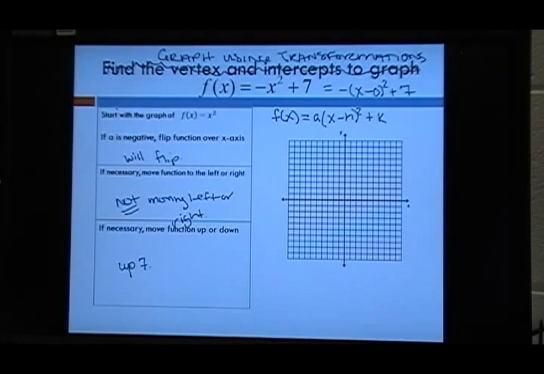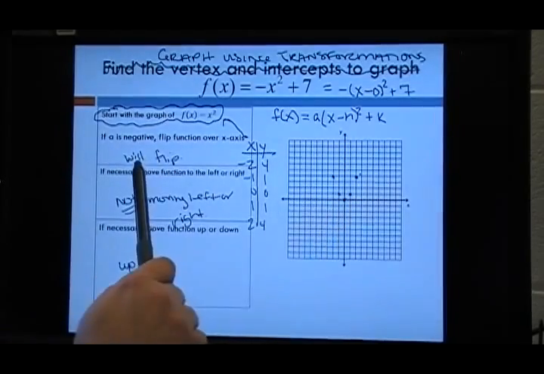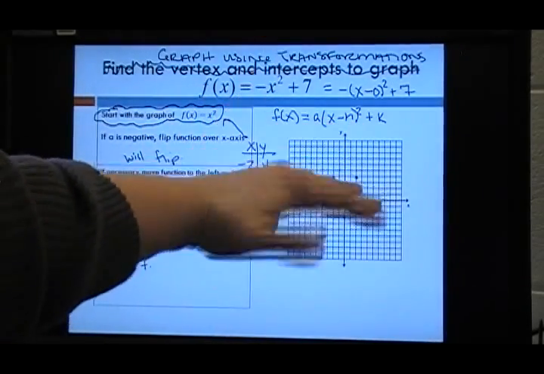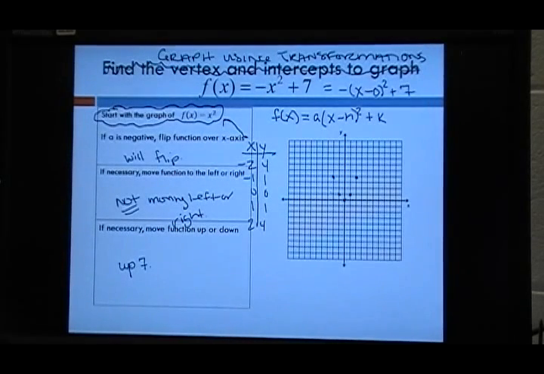Okay? So what we do, remember, we start with our basic quadratic. So points on this basic quadratic, you need to know -2, 4, -1, 1, 0, 0, 1, 1, 2, 4. Okay? So starting with those points, if we take this function and we flip it over the x-axis, maybe it's easier to just do that step first.